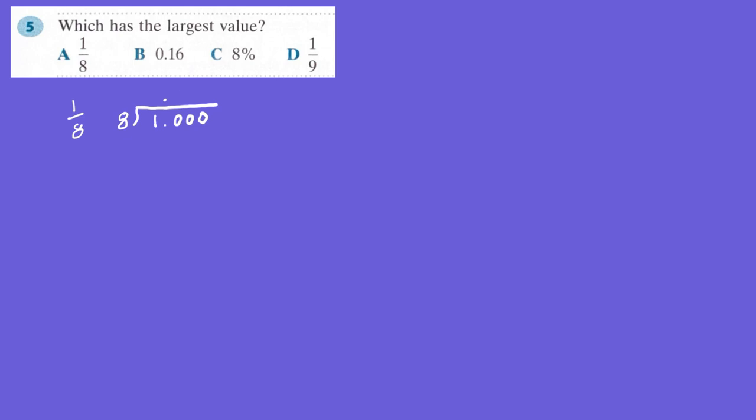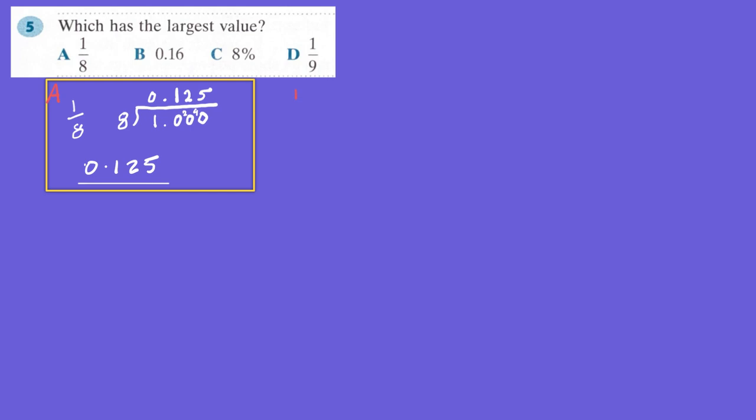So 8 into 10 goes once and 2 over. 8 into 20 goes twice and 4 over. And 8 into 40 goes 5 times. So our answer, therefore, in decimal is 0.125. So that's the decimal for A.